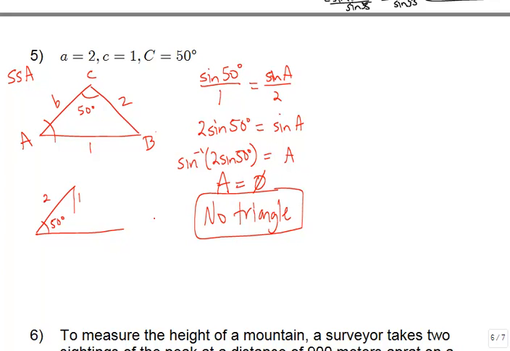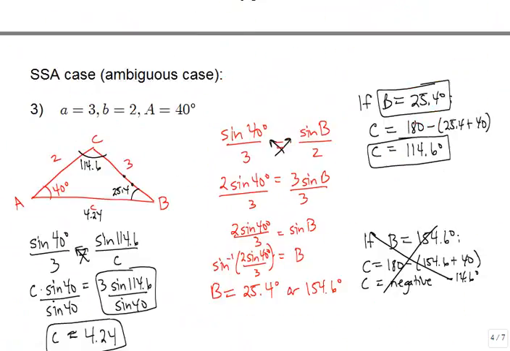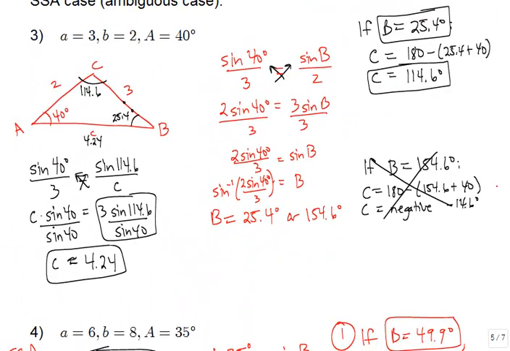So in this SSA case, when you're only given one angle and two sides, there can either be no triangle, which will happen whenever you try to find that first angle, you're going to get an error message on your calculator, or you could have only one solution, like this case here. You still need to find that first angle and its supplement, but when you go to find the third angle, that third angle will turn negative, which means it doesn't exist.